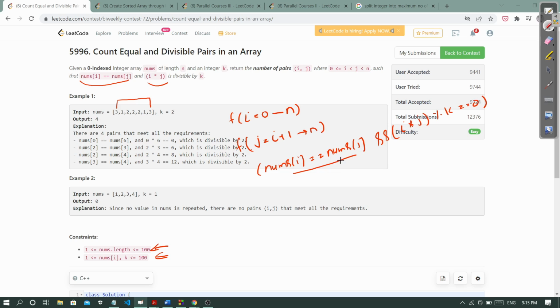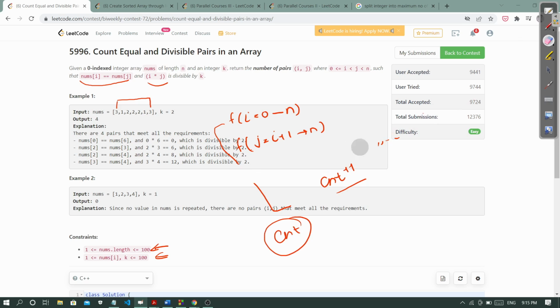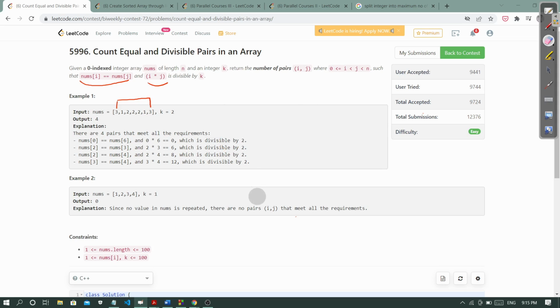If this condition is satisfied, it means that we get a valid pair. In that case we increase the count by one. After traversing everything we have to return the count as the answer. I hope you understand the algorithm of this problem. Let's see the code for better understanding.